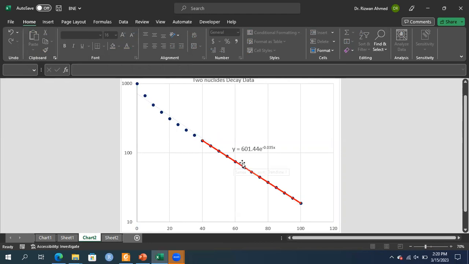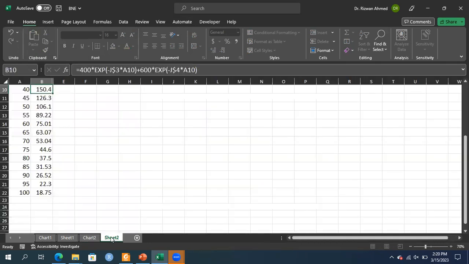And if I extract the model from this final part, in which only the contribution of one nuclide is present, it turns out to be 600 e to the minus 0.035, thanks to Microsoft Excel and the built-in regression model.